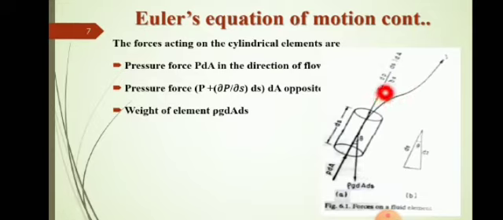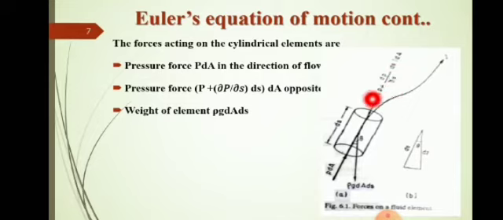What is that increment? P is already there, so P plus ∂P by ∂S, which is the rate of increase of pressure. What is ∂P by ∂S? It is the pressure increase of ∂P for a distance ∂S. That is, when the flow travels a distance ∂S, the pressure increases by ∂P. If ∂P by ∂S is the rate of increase, then the increase over a distance ds will be ∂P by ∂S into ds.